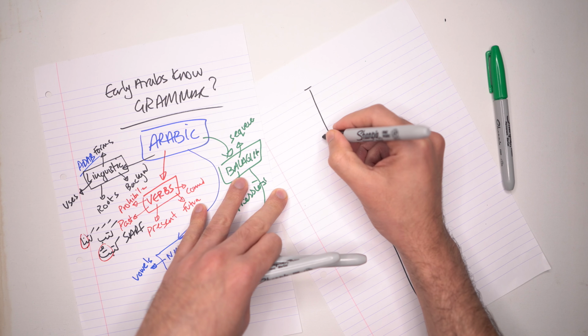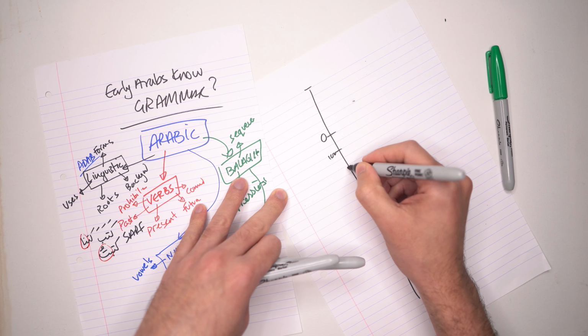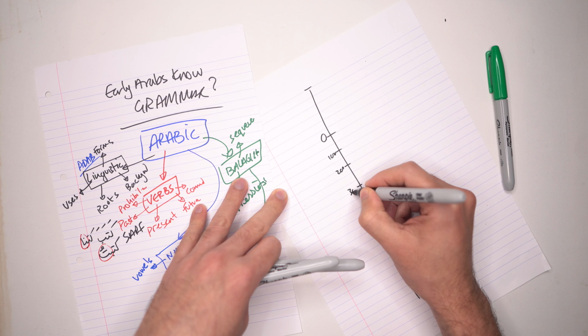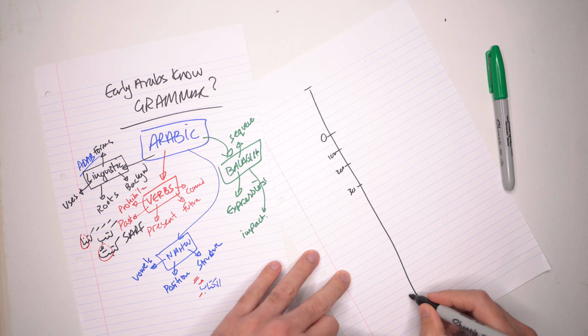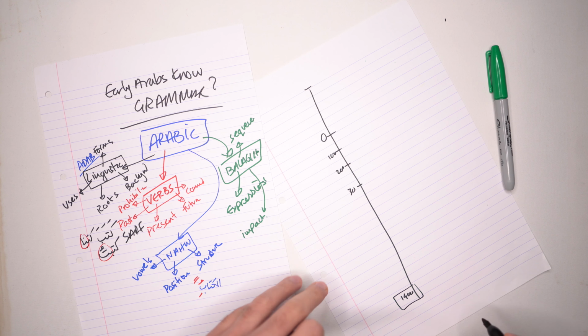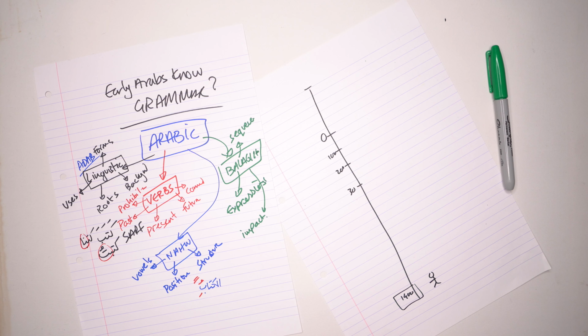Let's put the 0 there, and then you have 100, 200, 300, and all the way until 1400, where we are. So we are around about here.